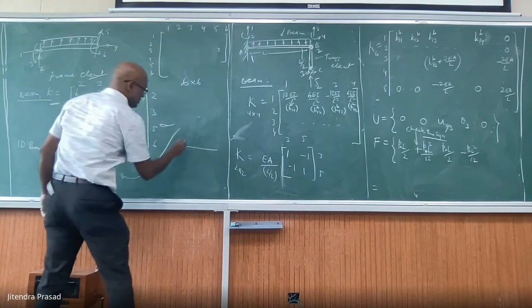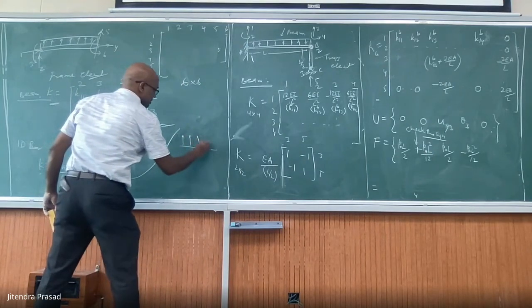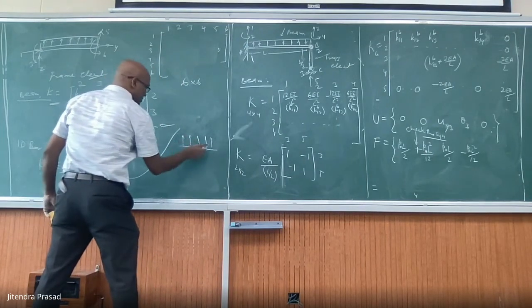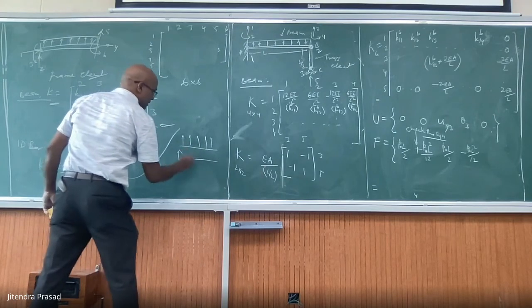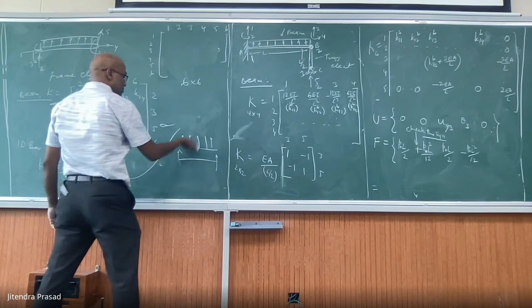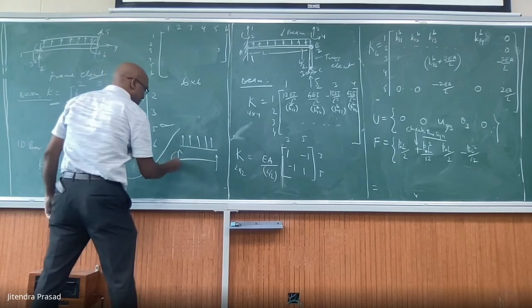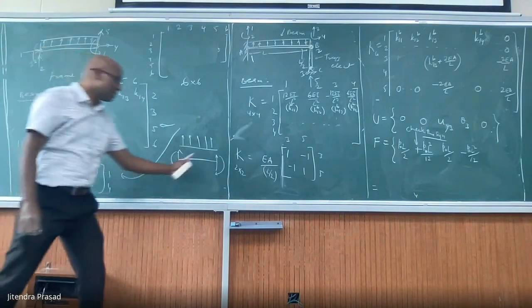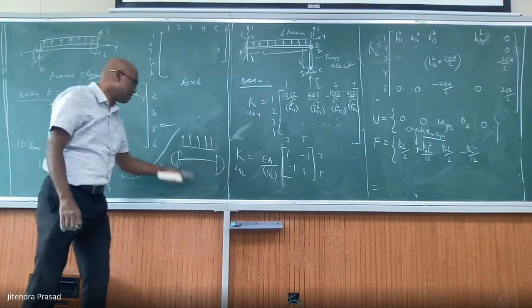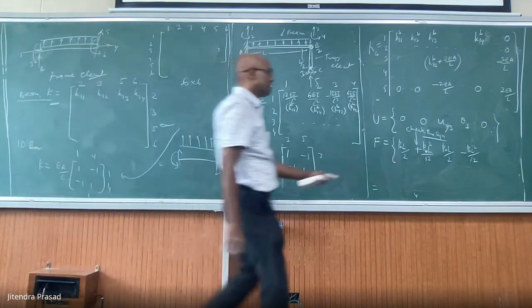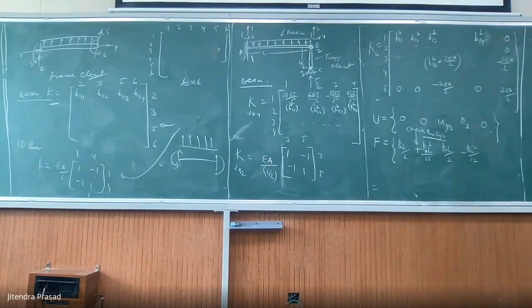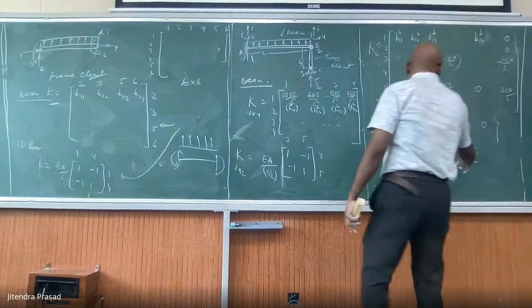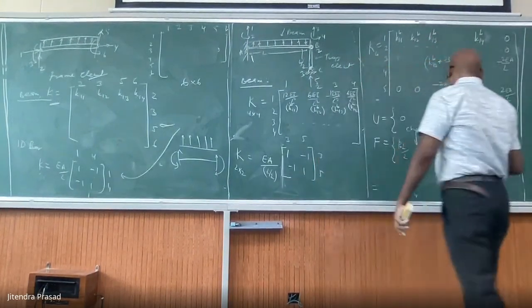Because see here, if it goes up like this, forces, of course, you will go here and here. But when it comes to moment, this goes like this and this goes like this. So positive here or negative here, positive here. Hence it will be plus, this will be minus. So you can also apply your understanding, your insight there, and you know that if it is minus here, it will be plus.